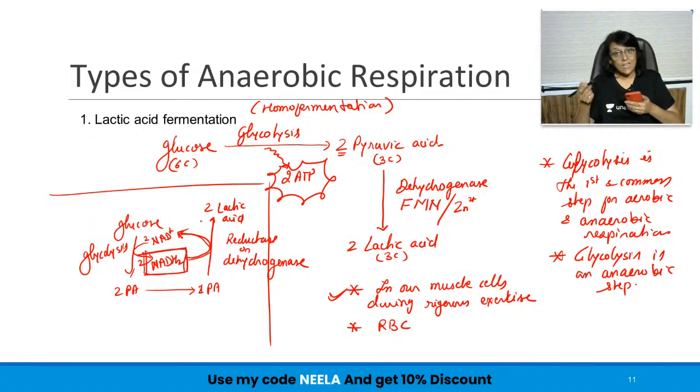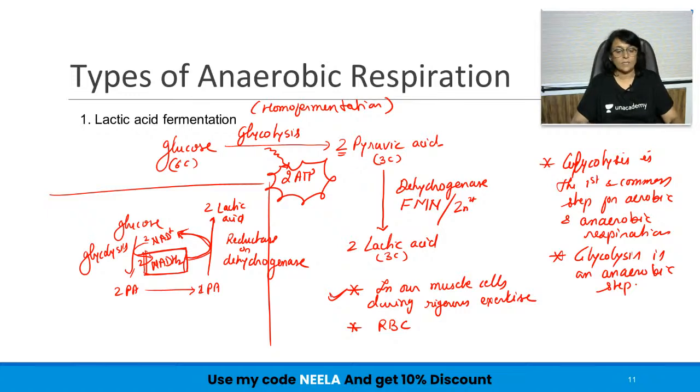So those ATPs which the check is worth, those ATPs are not obtained. Is this part clear? Is this lactic acid fermentation part clear? So we will take the next type of anaerobic respiration. Okay, so this is clear.